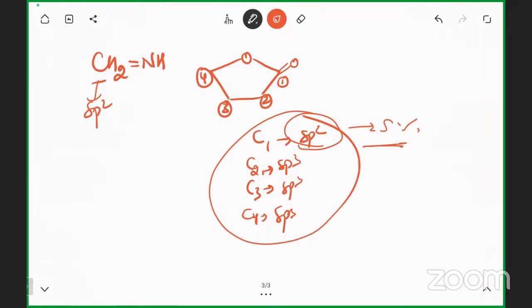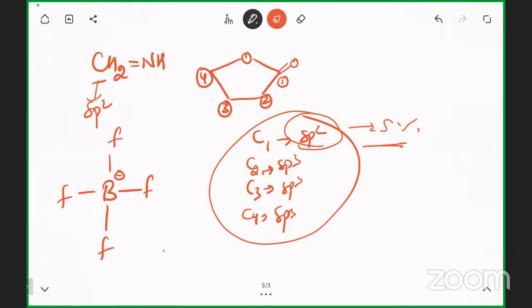Okay. Now BF4. Hybridization of B. Just check the number of bonds. All are sp3, similar.